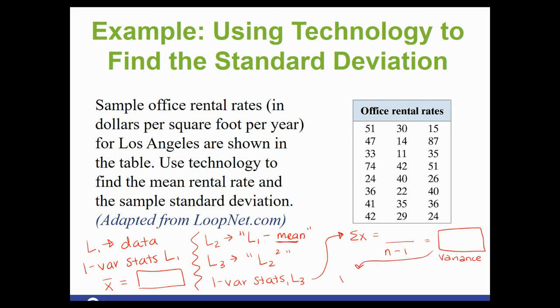Once you have it, square root your variance, and what you should end up with is your sample standard deviation, which is 17.3914. That is the letter Sx, or most of the time we just say s, lowercase s.